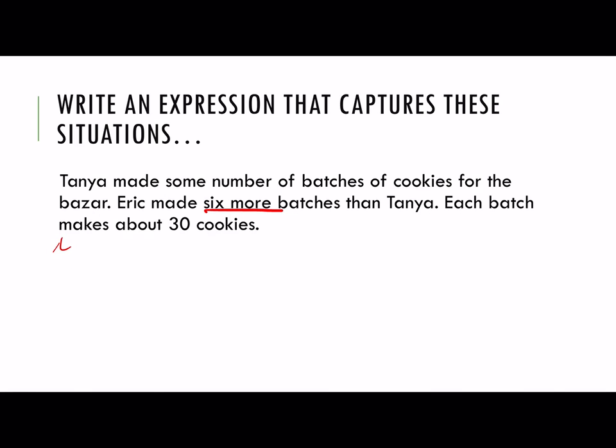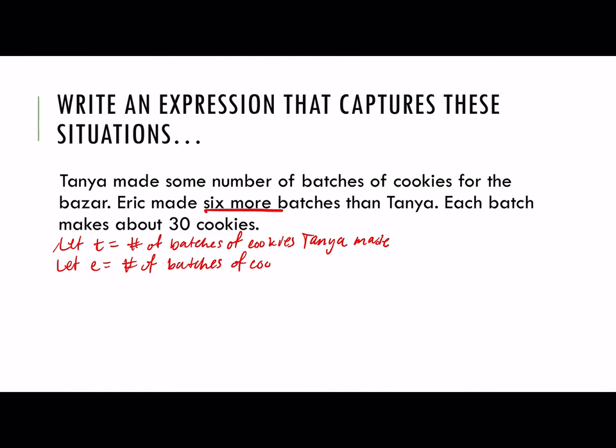First we're going to let T equal the number of batches of cookies Tanya makes. We're going to let E equal the number of batches of cookies that Eric made.